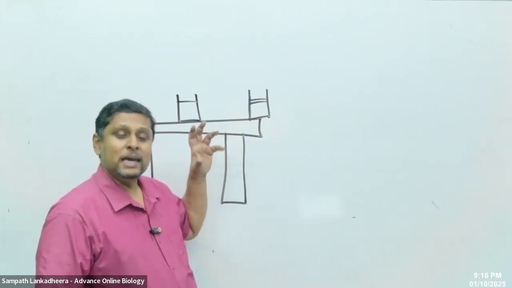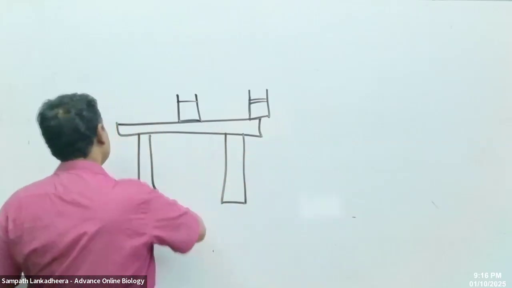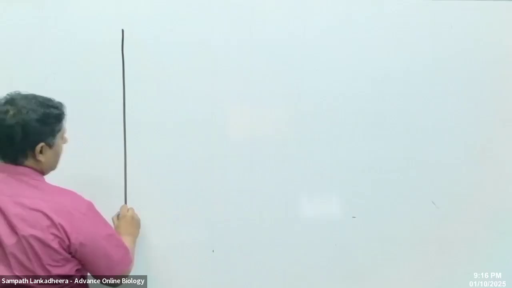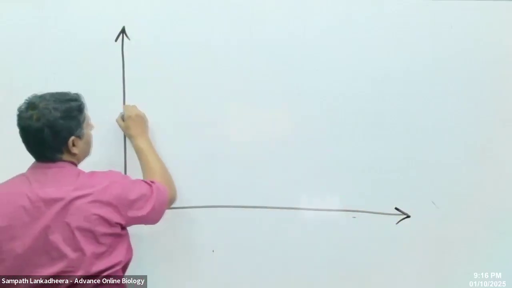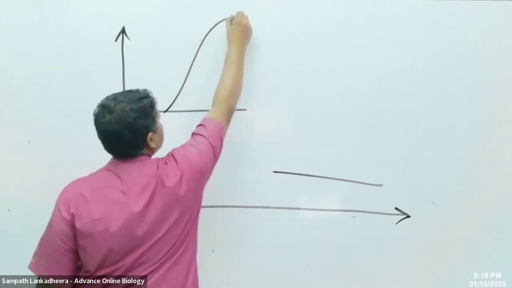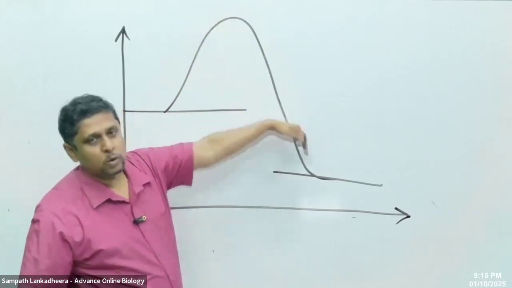So enzymes reduce activation energy. Enzymes give an alternative pathway. Think of this as an energy mountain. You have to climb to the top to go to the other side.